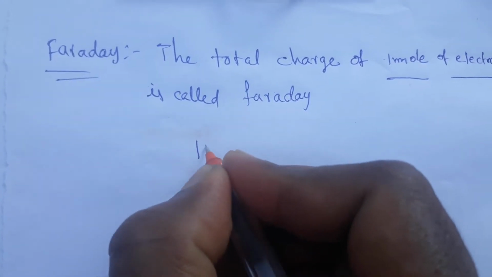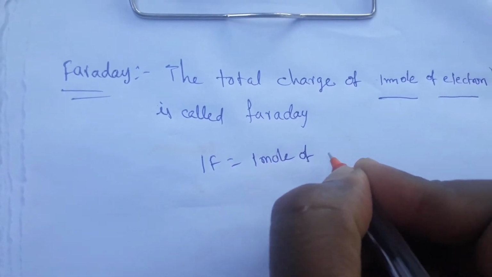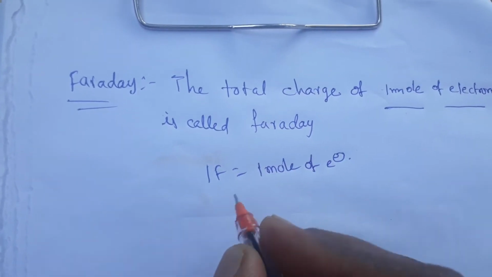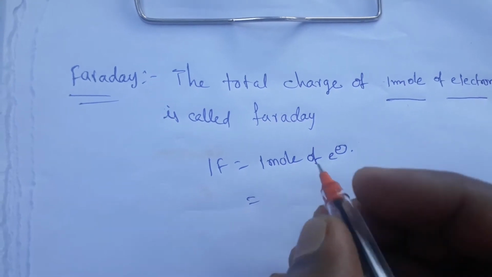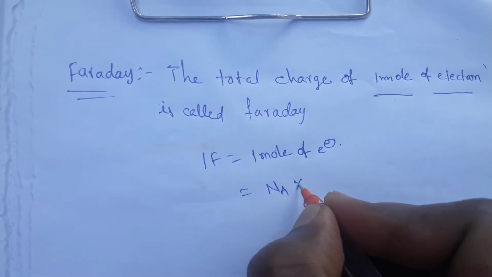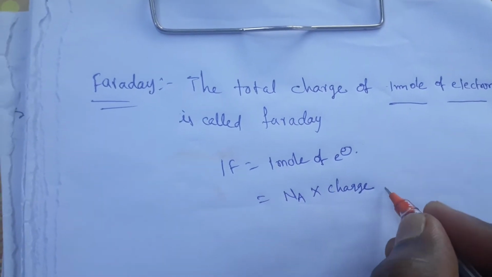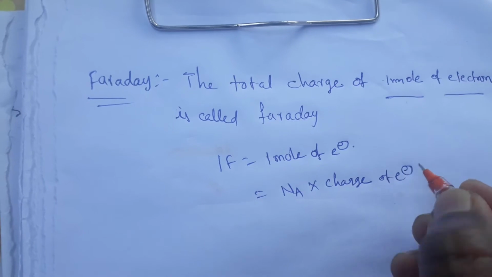So 1 Faraday is equal to 1 mole of electrons. What is 1 mole? It is Avogadro's number times the charge of the electron. What is the charge of the electron?